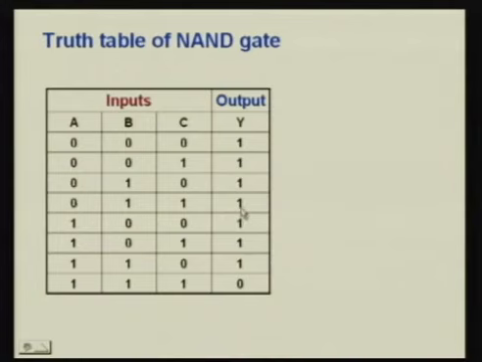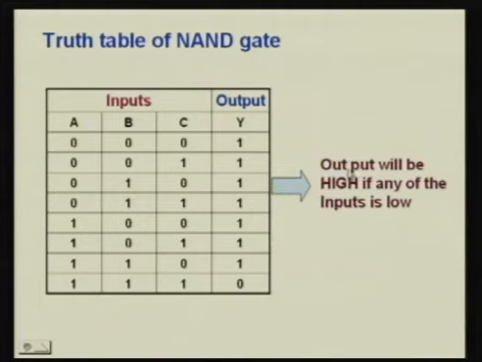So the generalized statement could be: the output of a NAND gate will be high, in one state, if any of the inputs is low. If we have a NAND gate of 10 inputs and any of them is 0, then the output will 100% be in the high state.